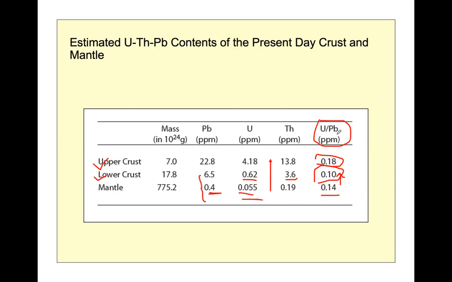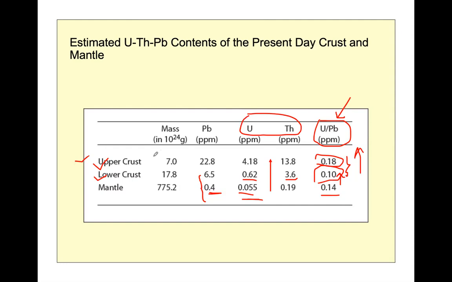So this ratio is affected due to that, but still the average crustal value, if you take the average crustal value, because the mass of the upper crust is also high, you can expect a value a little greater than the mantle value for the uranium lead ratio, right? But the elemental values are clearly high in the continental rocks.